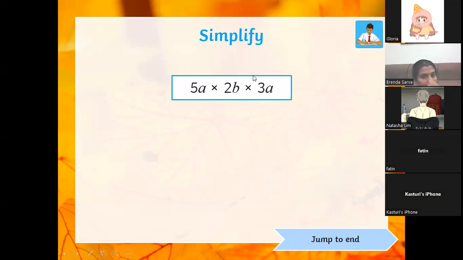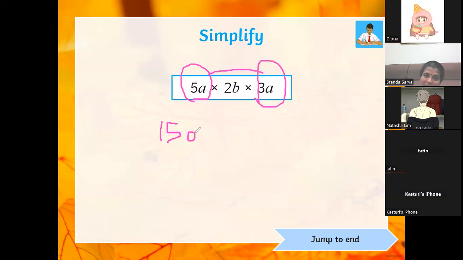Try this now. All right, I'm going to start now. So I'm going to compile my like terms, 5a times 3a. So that's going to give me 15. 5 times 3 is 15.